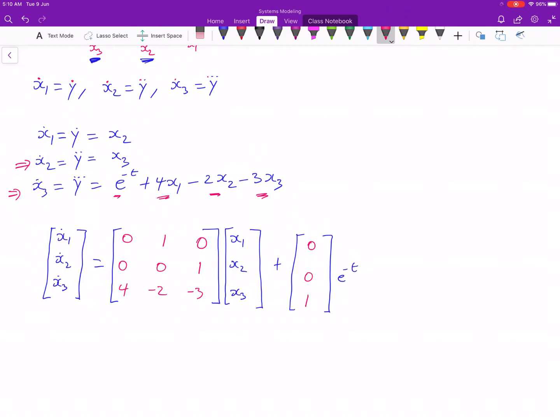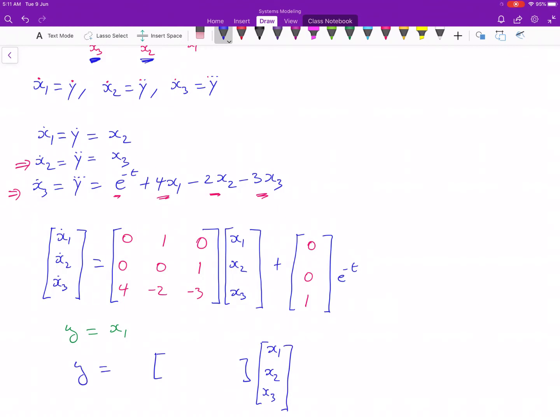Again, our output is not given. Our output will always be given. For example, if we assume here our output y to be x1, then we are going to have y is equal to something times x1, x2, x3.